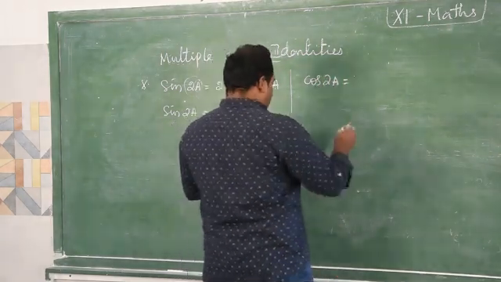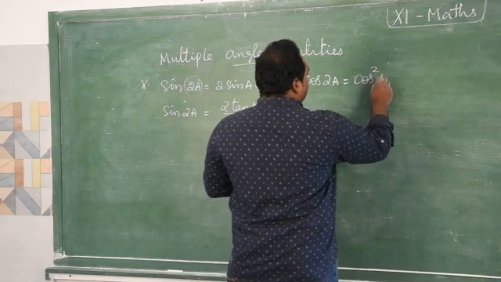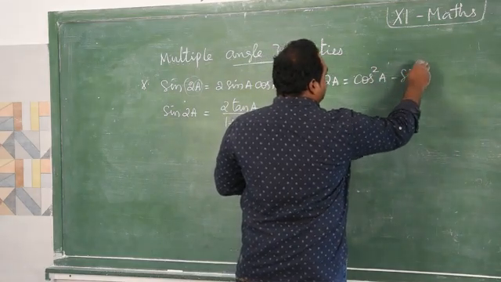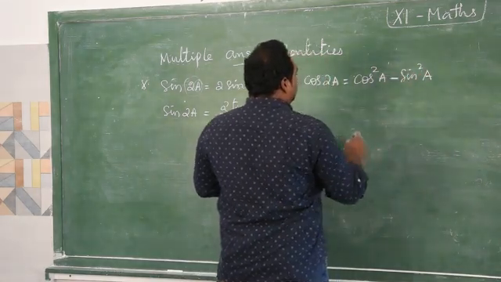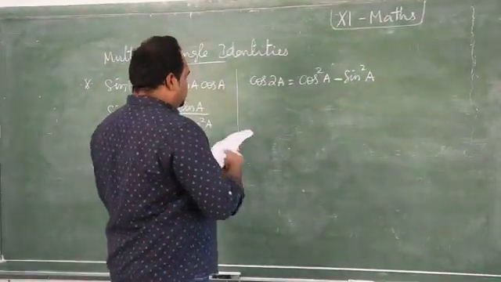Cos 2A can be written as cos square A minus sin square A. We have some more identities for cos 2A.